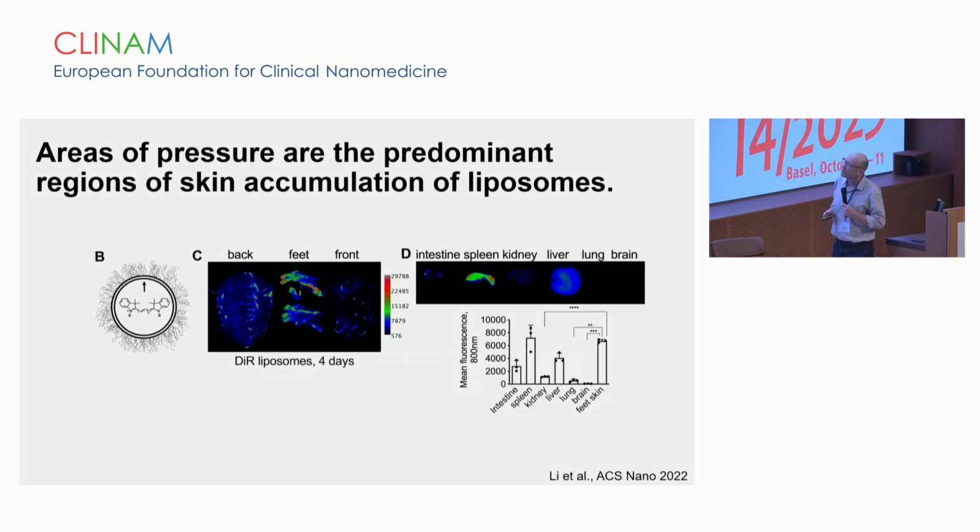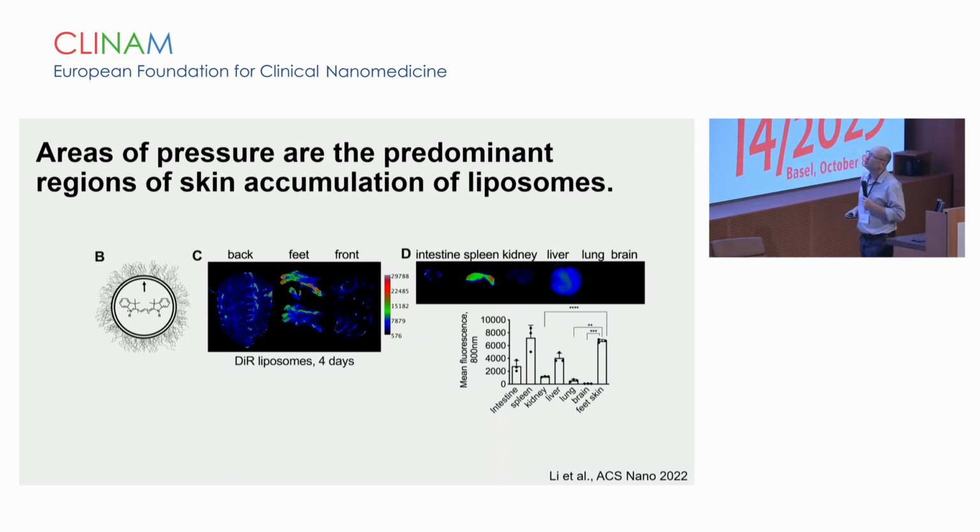But before we did that, we just wanted to see where the liposomes are going when we inject them into mice. We labeled liposomes with DIR and looked at different organs. What we see is skin accumulation all over the skin, but there are some hot areas, and these are in the feet, in the foot pads.